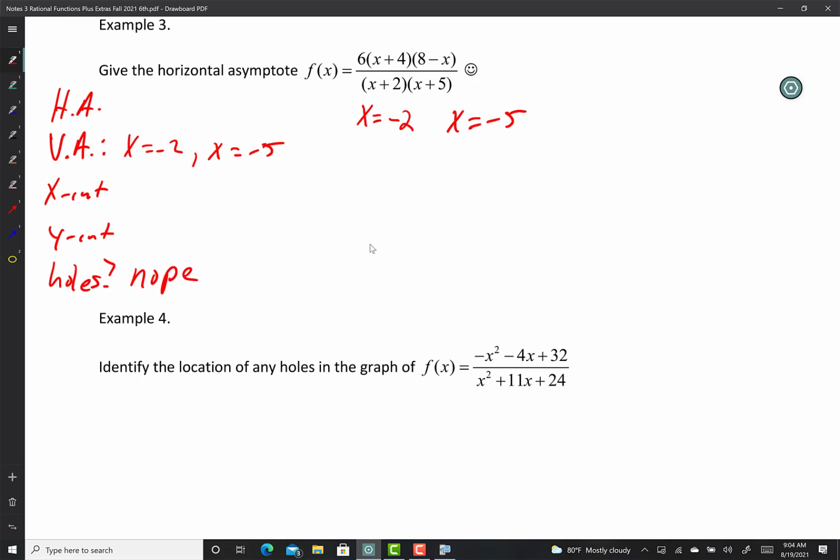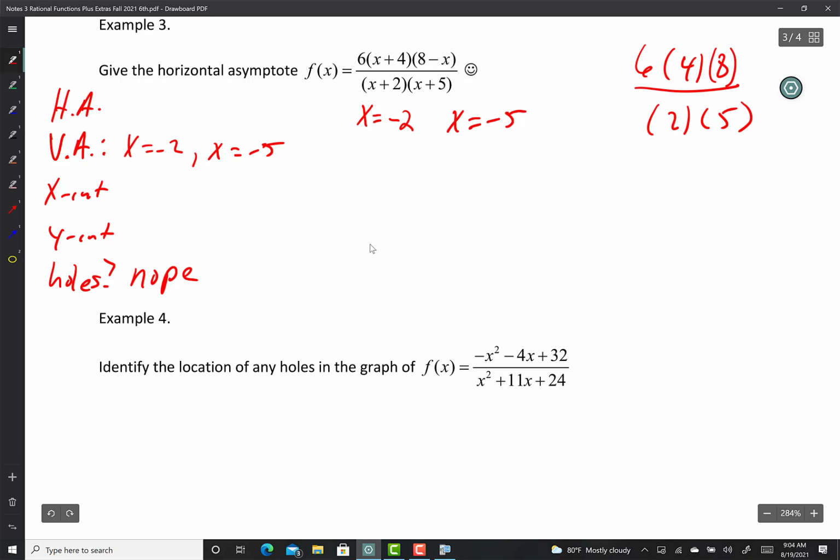Let's see. What else? Should we do the y-intercept? Okay, plug in a what for x? 0. So 6 times 4 times 8 over 2 times 5.